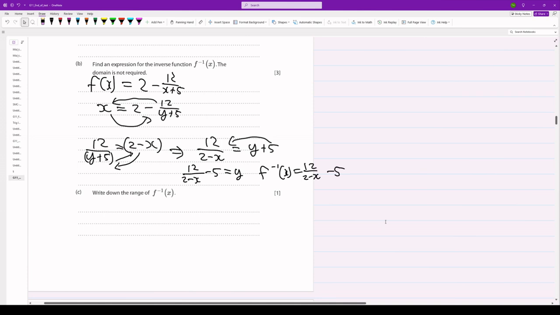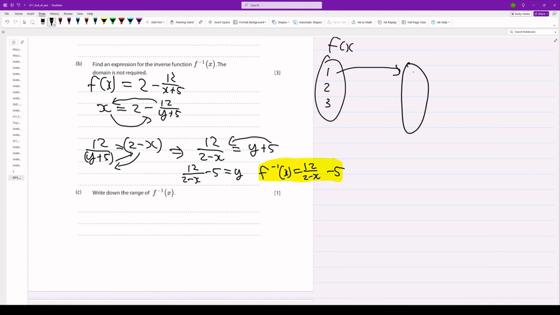Now you might be sitting there looking at the inverse thinking, oh my lord, what's the inverse of this? But this is where you have to remember how functions work. If I have f of x, it takes the numbers, let's say 1, 2 and 3, to 4, 5 and 6. So if my domain is 1, 2, 3, my range becomes 4, 5 and 6.